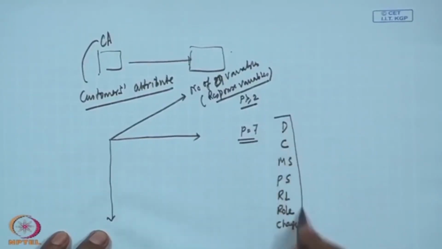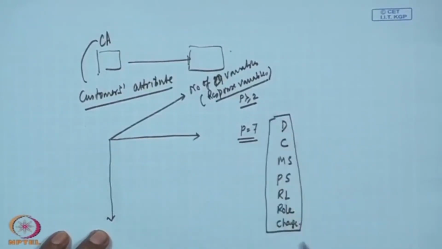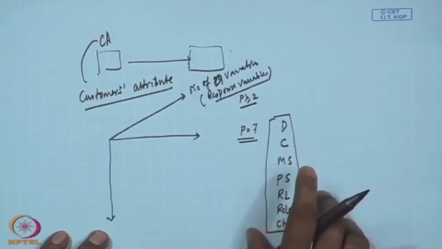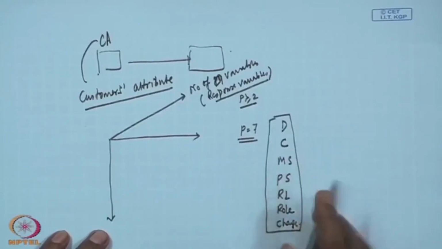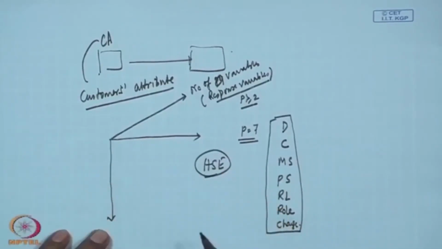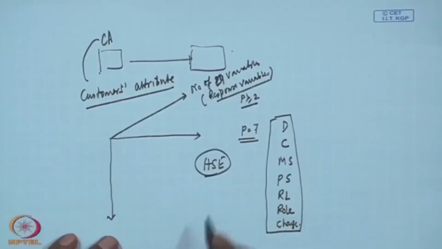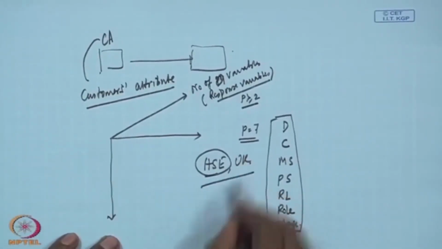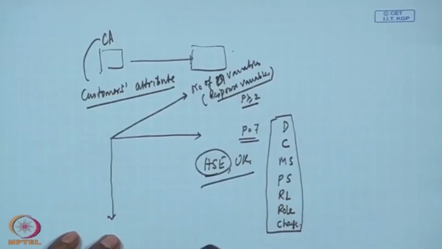So, these are the 7 risk factors to which employees are exposed. These risk factors were developed by HSE, Health and Safety Executive, UK.